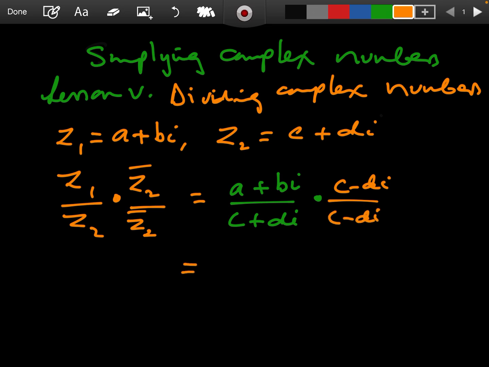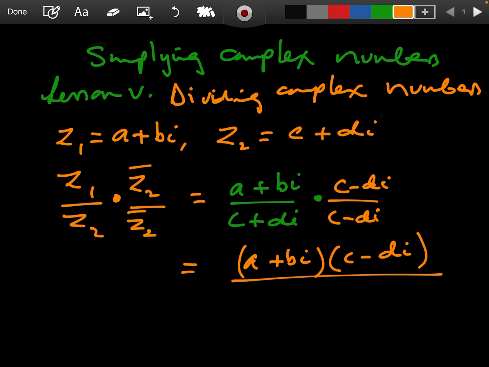And so when we write that, you will have a plus bi times c minus di all over c plus di and c minus di. That is simply a difference of two squares, so we write that as c squared minus di squared.